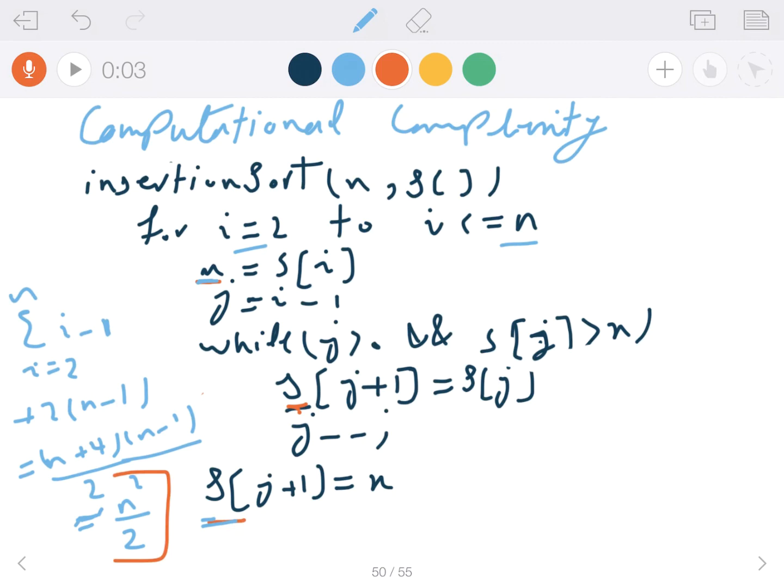And then we took the average, so we can do the same thing. And we can conclude that the average case for the number of assignments will also be almost equal to n squared divided by 4. So that's the worst case and average case analysis for insertion sort in the case of the number of assignments.